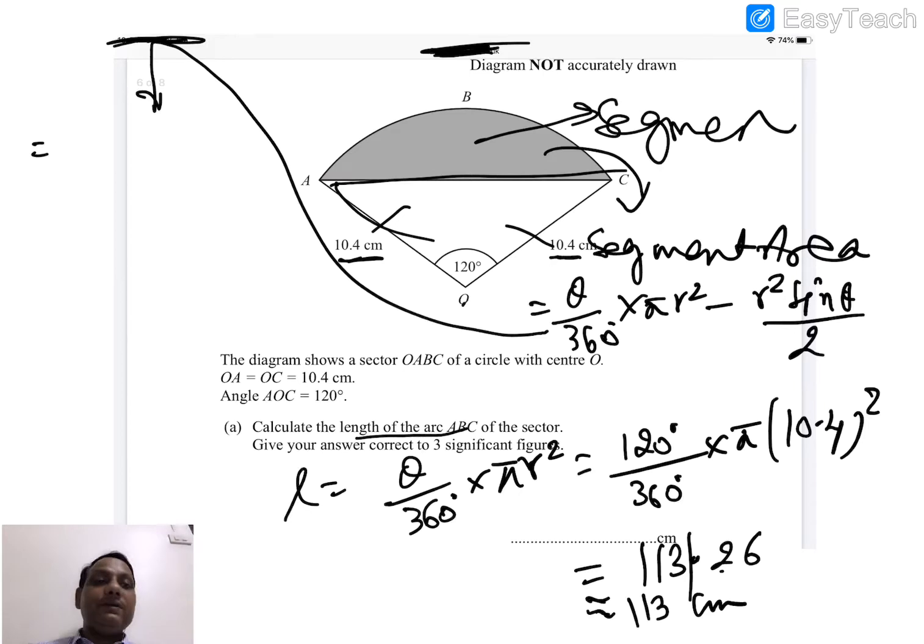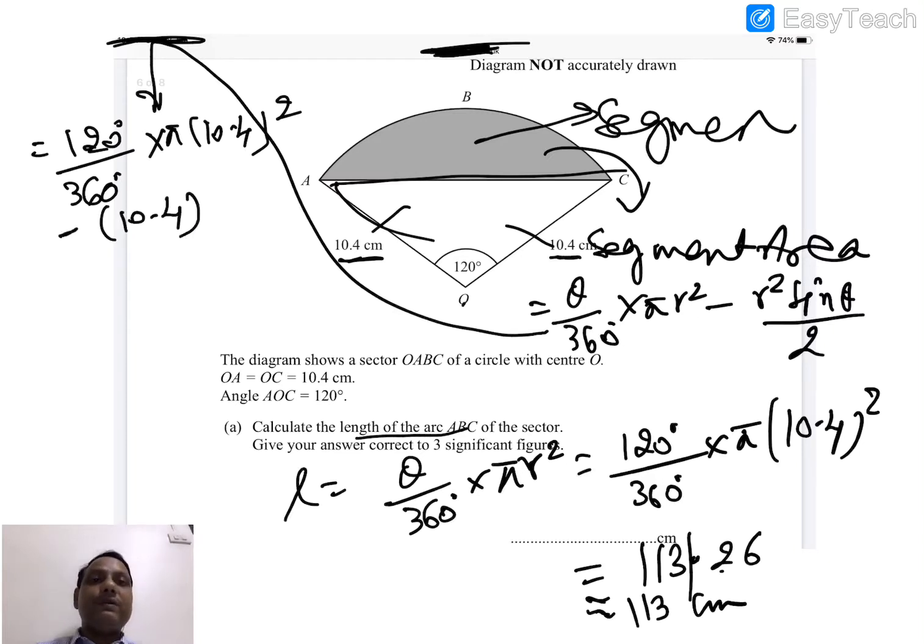So you write 120 degrees over 360, times pi, and r square means 10.4 square. This is going to be minus r square, so 10.4 whole square sine 120 divided by 2. I'm just doing it separately and I'll subtract and show you all.